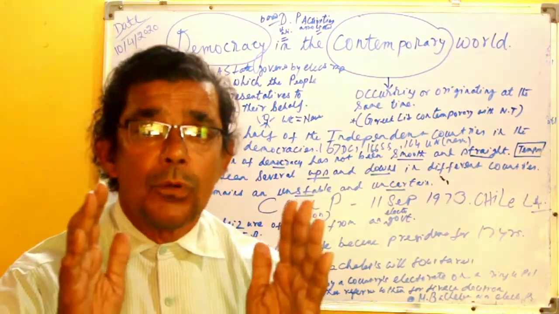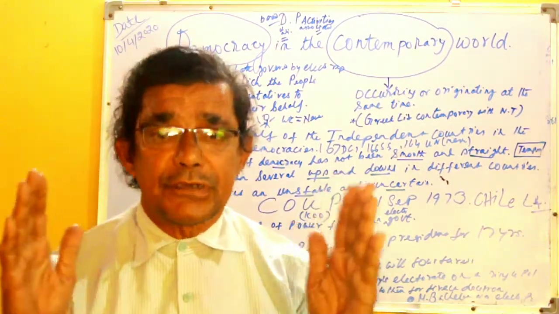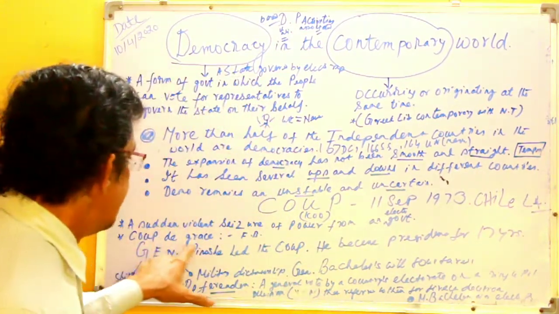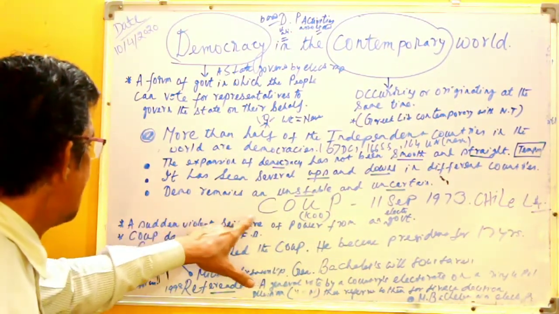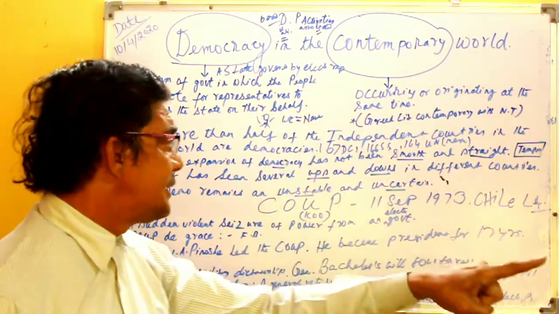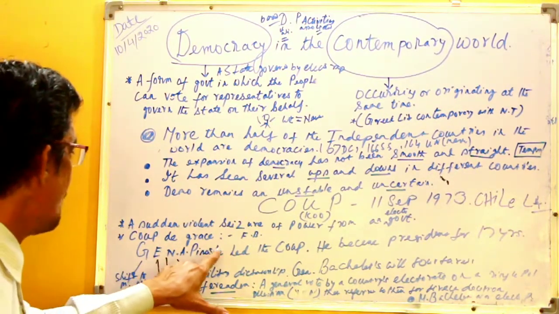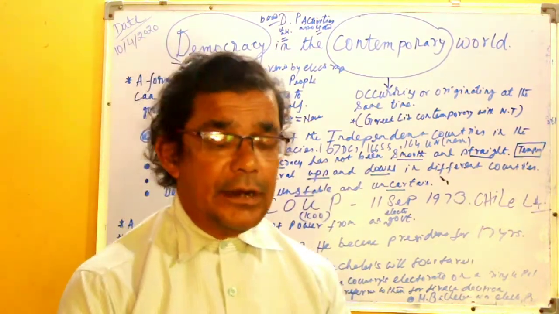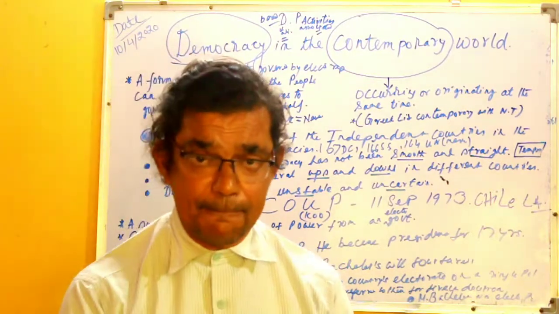Now, on 11 September 1973, Allende was the president. He was working very smoothly and he was respected by the people. But this general, whose name was General Augusto Pinochet, led the coup. The defense minister of Allende was arrested.